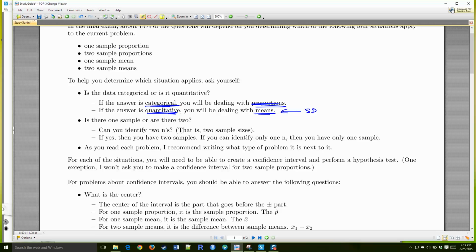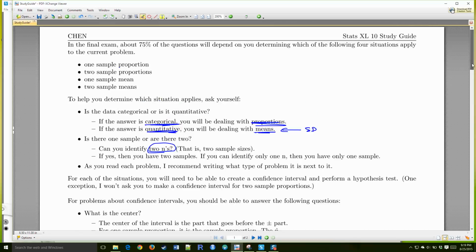There needs to be two n's listed in the problem. If you can't identify two sample sizes, then you just have one sample. Once you figure that out, that will guide how you will be answering your questions.